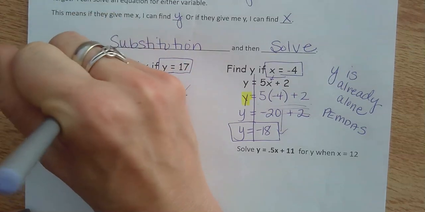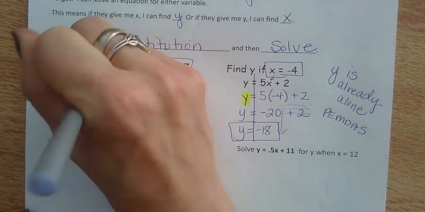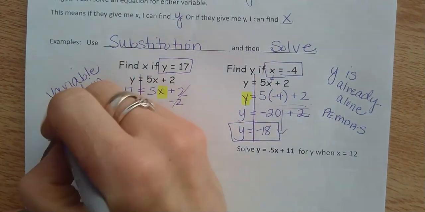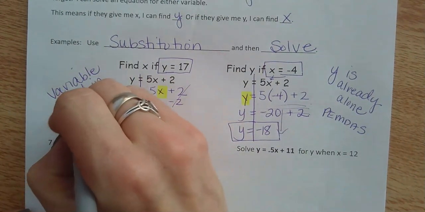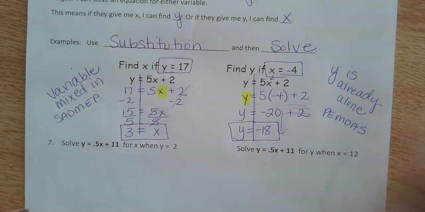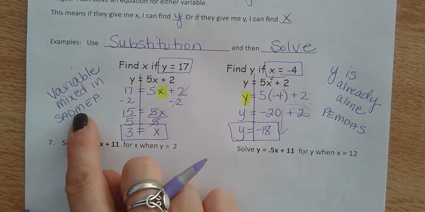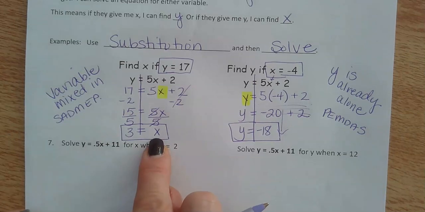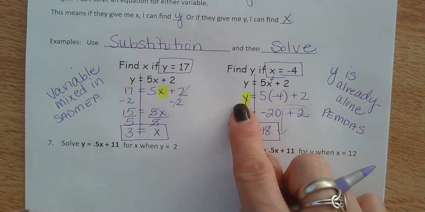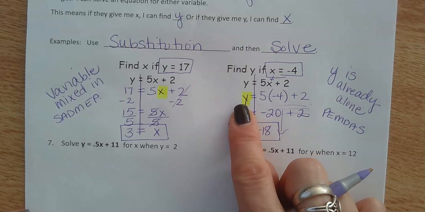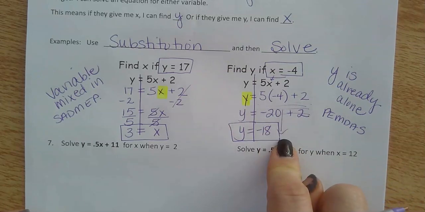When the variable is mixed in, I'm canceling things out with SADMAP. Right? Canceling adding and subtracting first, multiplying and dividing next until I get the variable alone. Y is already on this side, y is already by itself, so I'm just evaluating.